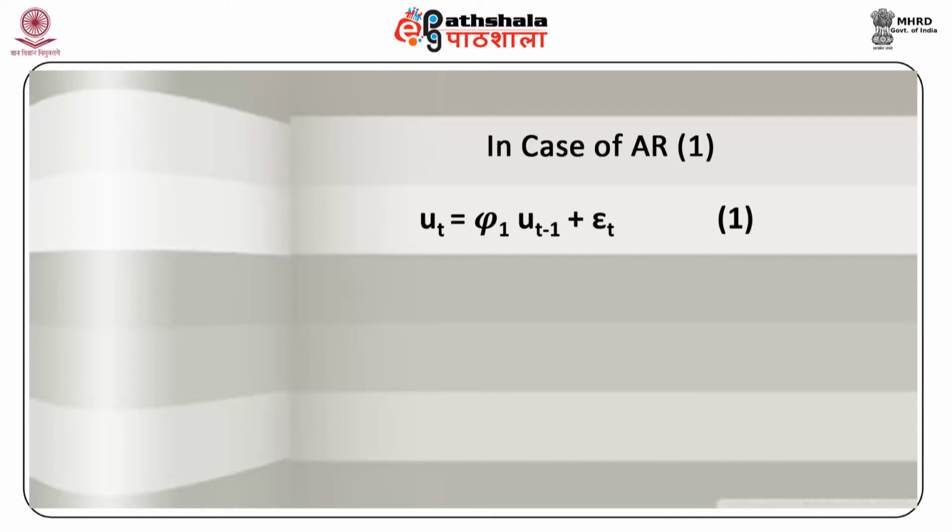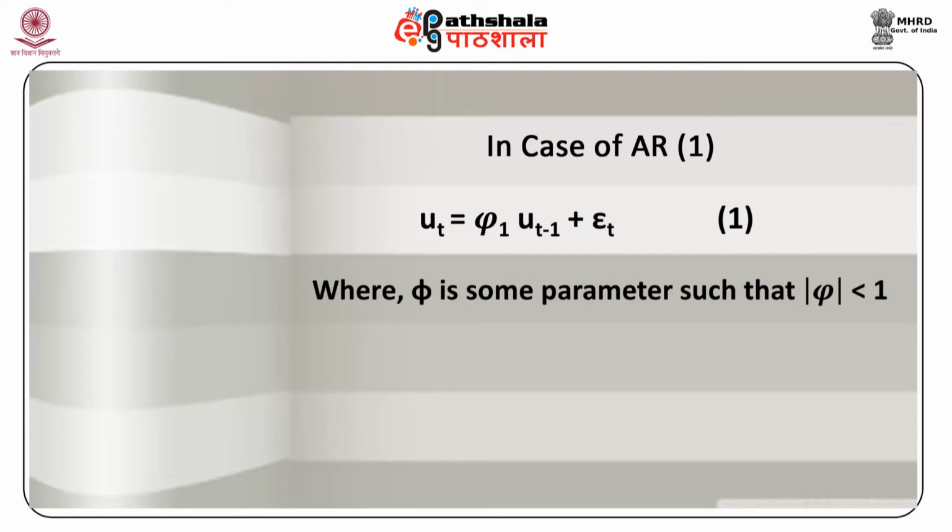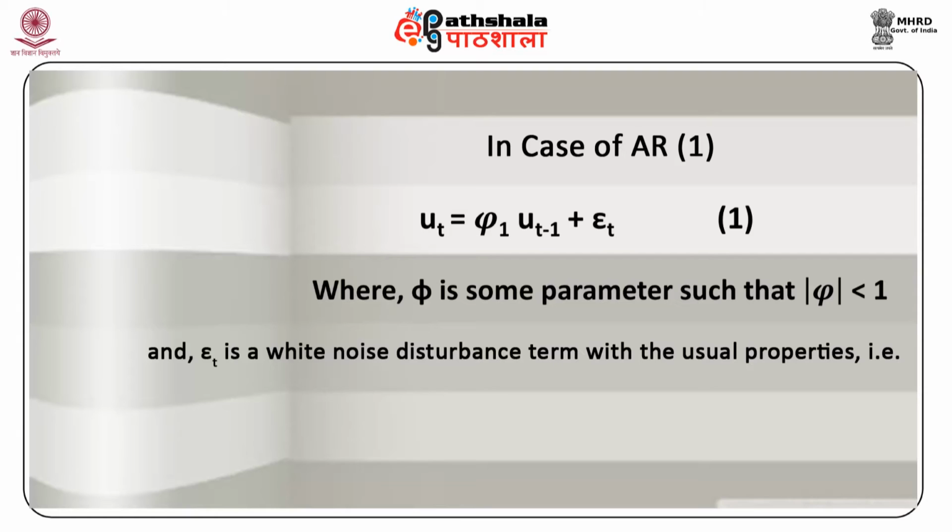This is our equation 1, where phi is some parameter such that modulus phi is less than 1, and epsilon t is a white noise disturbance term with the usual properties, that is, epsilon t is distributed normally with mean 0 and variance sigma epsilon square, and covariance between epsilon t and epsilon s is equal to 0 for all t not equal to s.